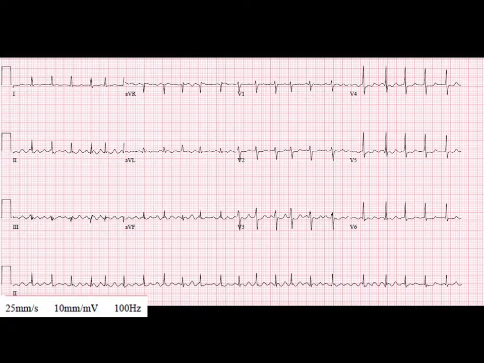And of course, there are other problems. For example, if you have a rhythm that is not constant, as we can see here, there are QRS complexes that are closer and farther in some places of this EKG.